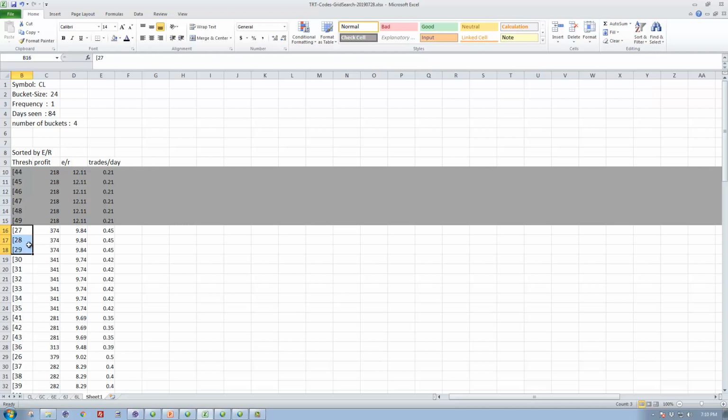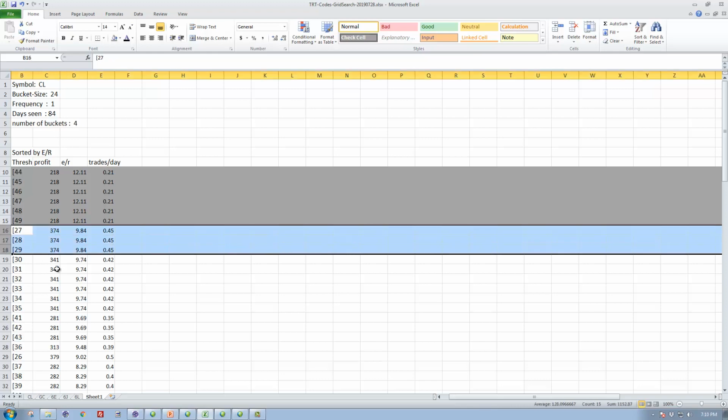But when I apply that set of codes across the entire simulation, across the entire time frame, it yields 9.84. That means 9.8 ticks per trade. I want this number at 10 or higher, or at least near 10. And that actually made more money. Okay, so this would be a candidate here.